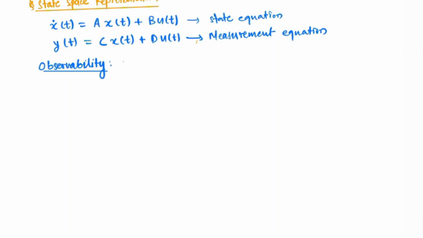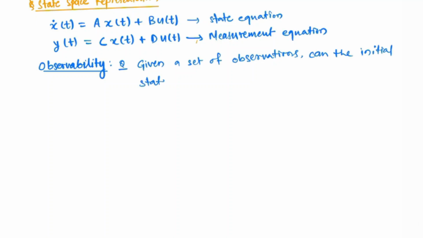We are asking ourselves a question: given a set of observations, can the initial state of the system be uniquely determined?